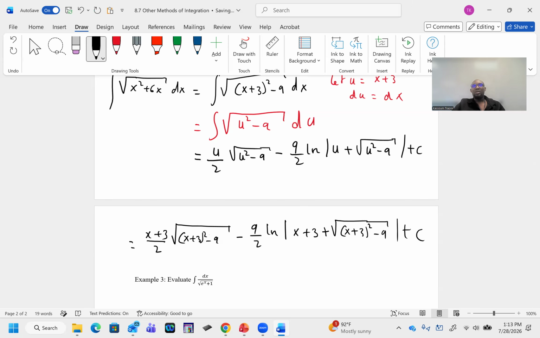So the next one that I will do is evaluate the integral of dx over square root of e^x plus 1, using tables and computer algebra systems.